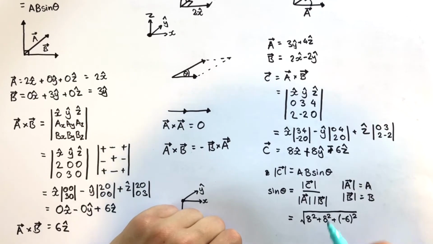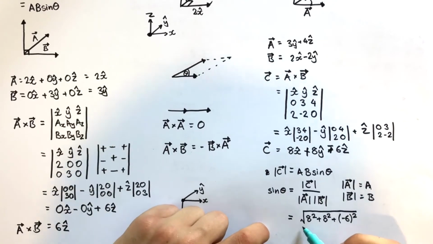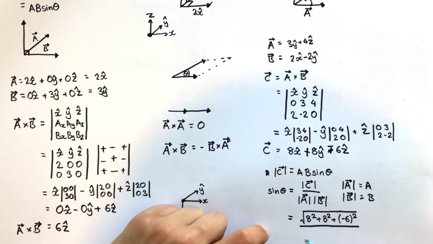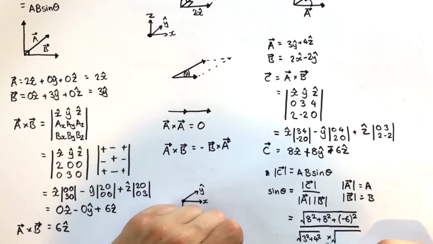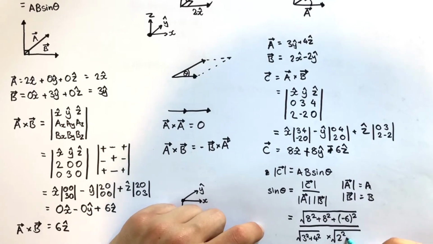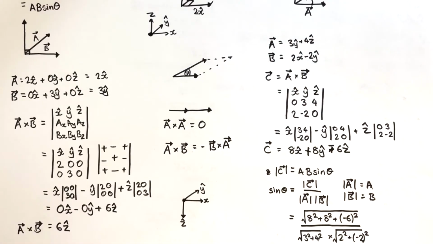So you can just kind of ignore the minus sign, which is quite nice. And you divide that by the magnitude of A, which is the square root of 3 squared plus 4 squared, multiplied by, that's not a cross product, that's just multiplying, the square root of 2 squared plus minus 2 squared. And now it's just a question of evaluating it.